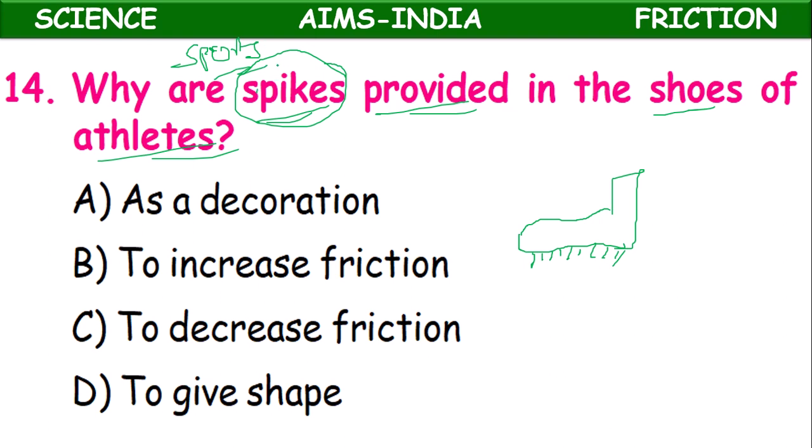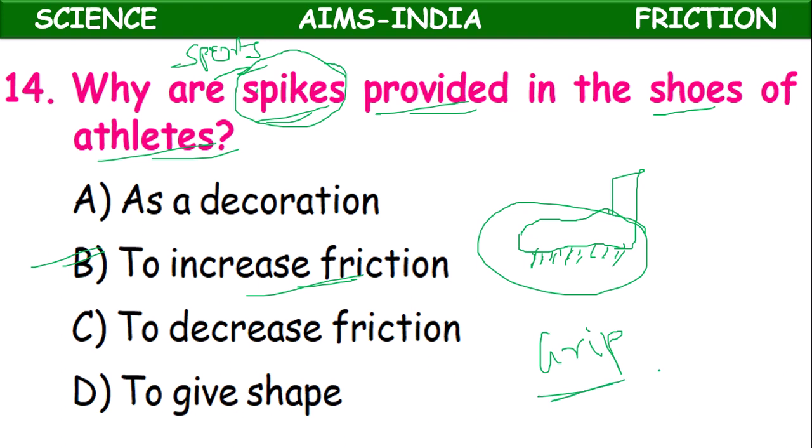Some of the shoes are costly because of these spikes. If a shoe has this kind of spikes, friction will be increased. While running, we will get a good grip on the ground so that we do not fall down. So the answer is to increase friction.